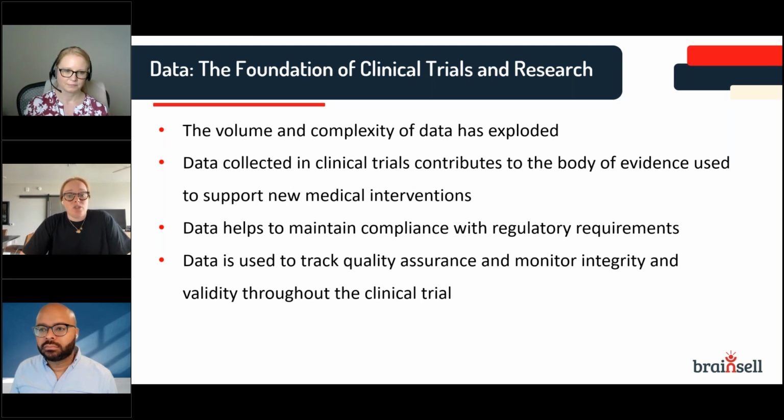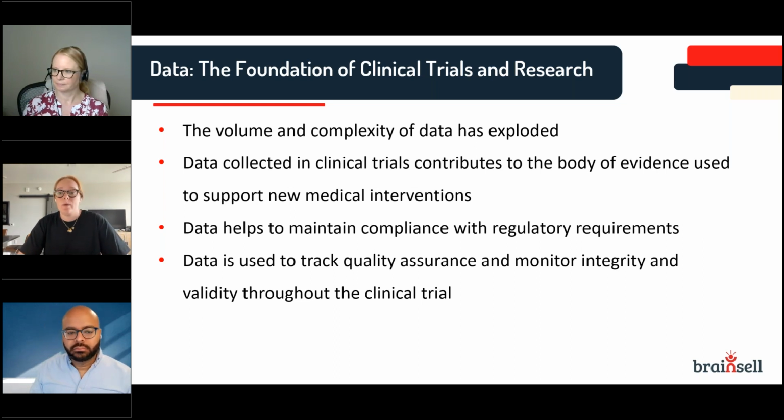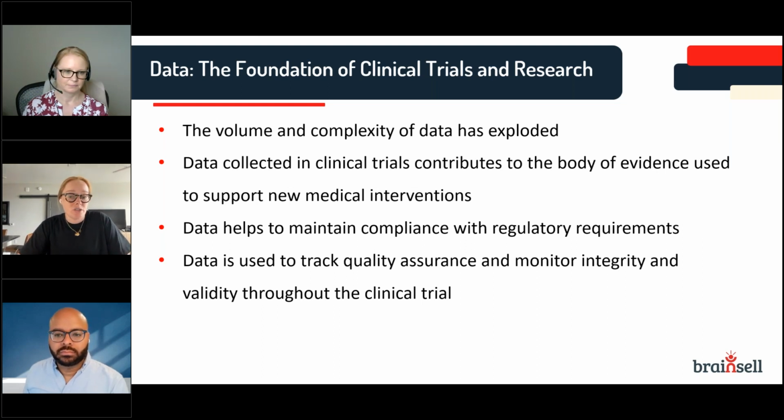It also contributes to regulatory compliance. Clinical research is heavily regulated, and data plays a huge role in ensuring compliance with those regulations. High quality data needs to be collected so that they can maintain accordance with guidelines and standards to demonstrate the safety and efficacy of their research.